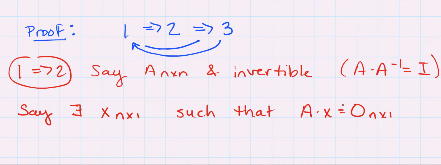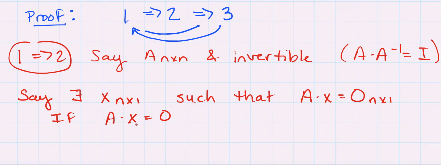So we can't have any other column matrix that when we multiply it by the matrix A, we get the 0 matrix. So how am I going to do that? Well, if A times x is equal to 0, this is an n by n, this is an n by 1, this is an n by 1. I can multiply both sides by A inverse.